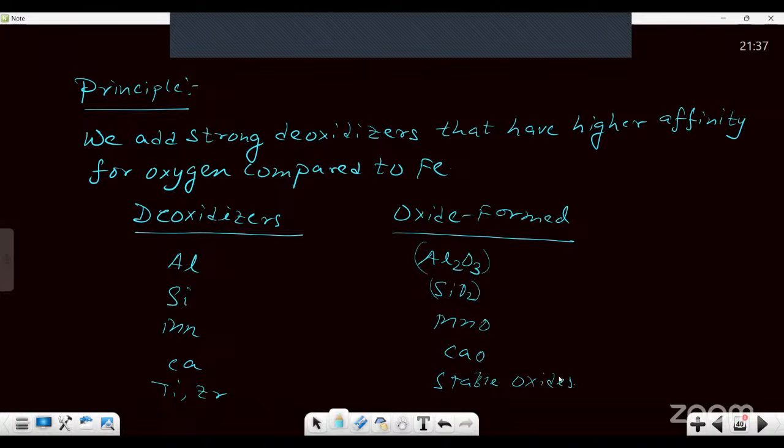But aluminium and silicon are widely used, and we will be talking about aluminium and silicon. From the Ellingham diagram, those oxides which are lower in the diagram are all stable oxides, so they have the property to act as strong deoxidizers.